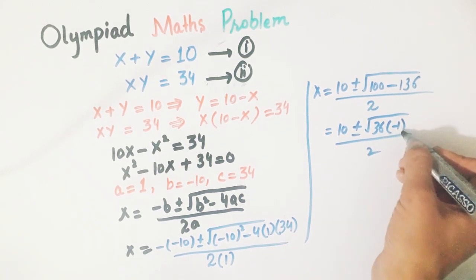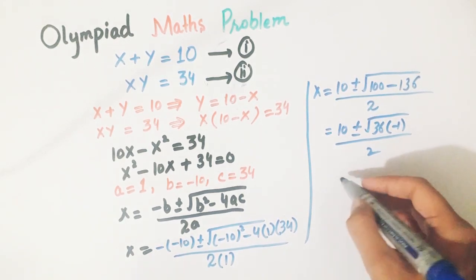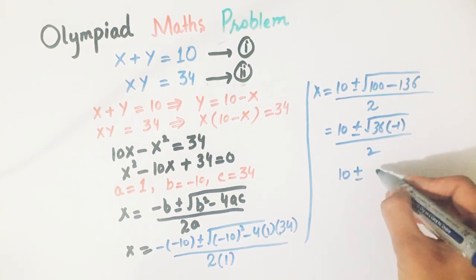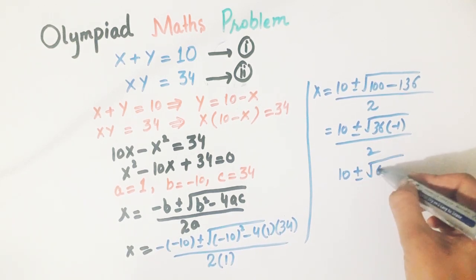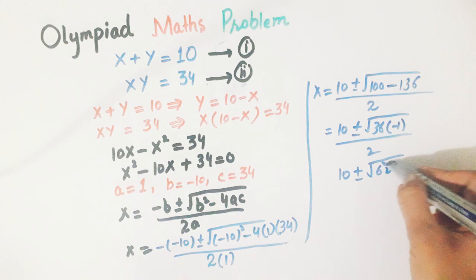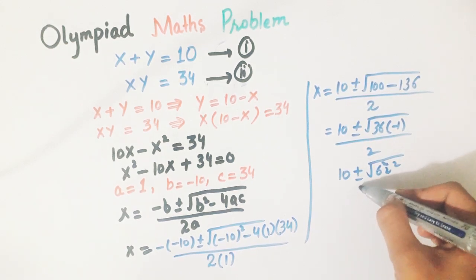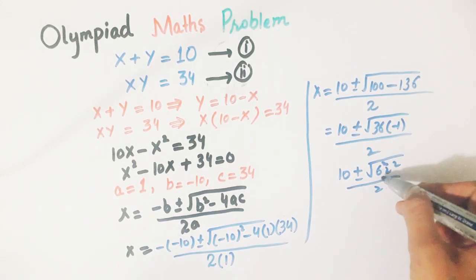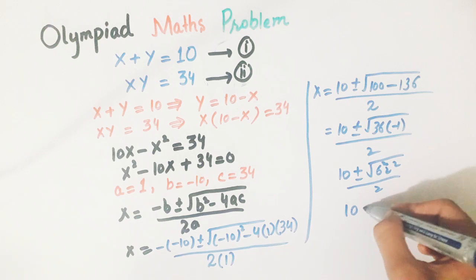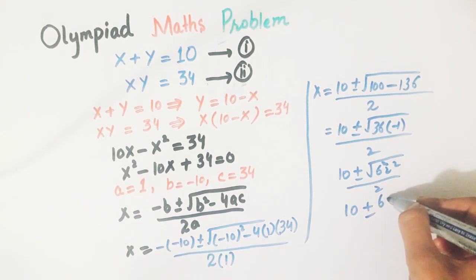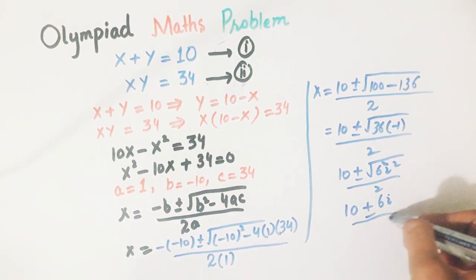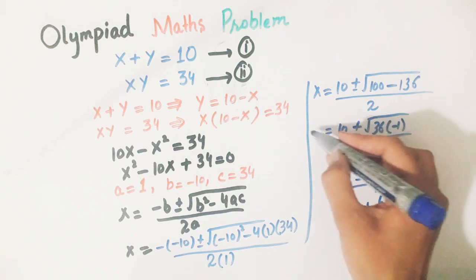In place of minus 1 we can write iota square. So we get 6 square iota square divided by 2. The square root gives us 10 plus minus 6 iota divided by 2. So this is the value of x.